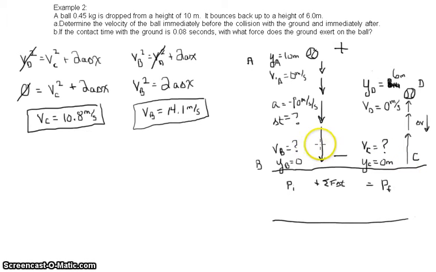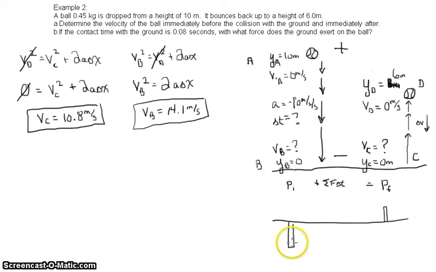So if we look at the velocity at B, we see that it's traveling down, so the momentum initially is going to be negative, and that velocity is a little bit larger than that of C. So you're going to have a large negative bar here, and a smaller but positive bar here.